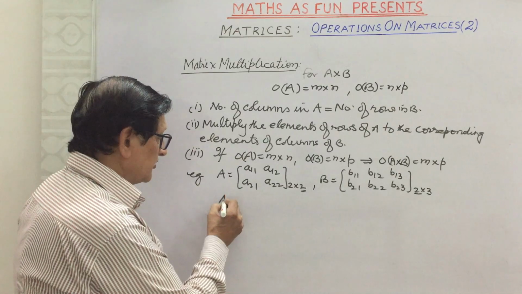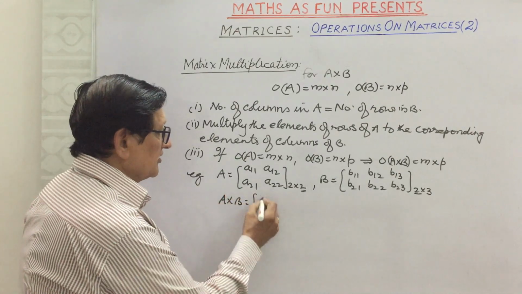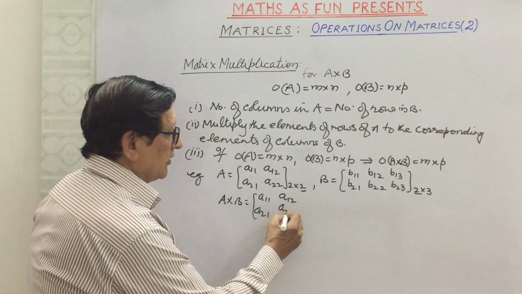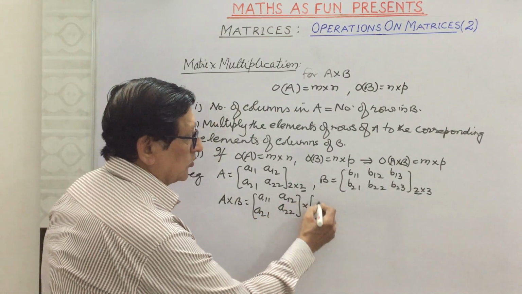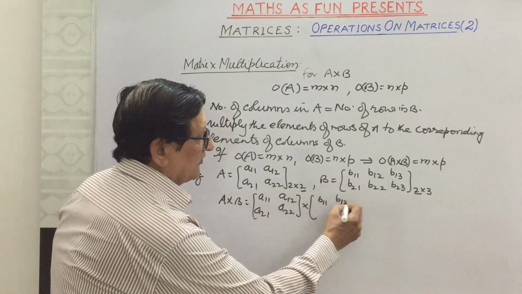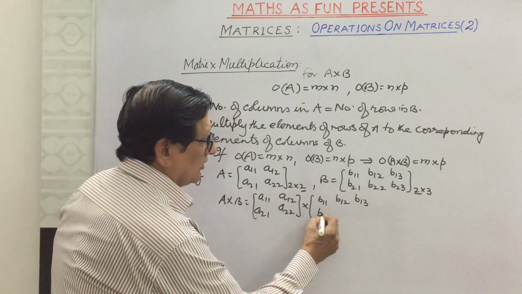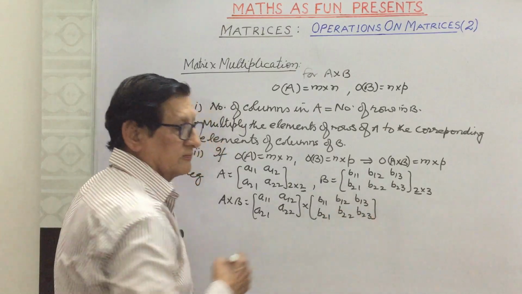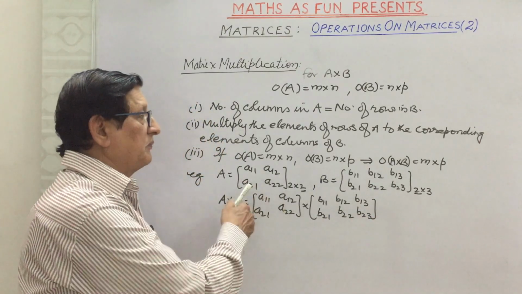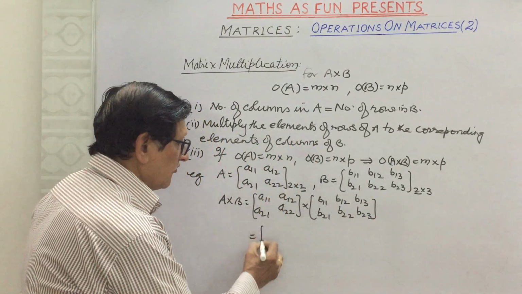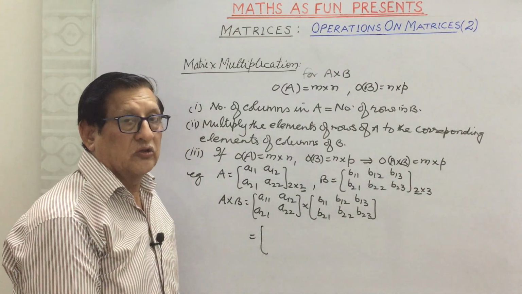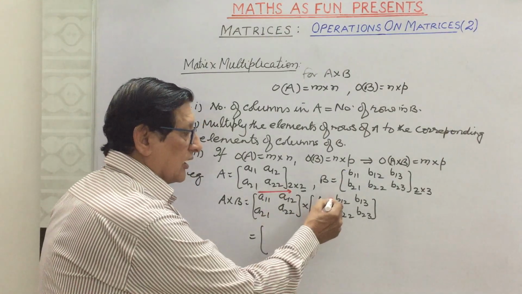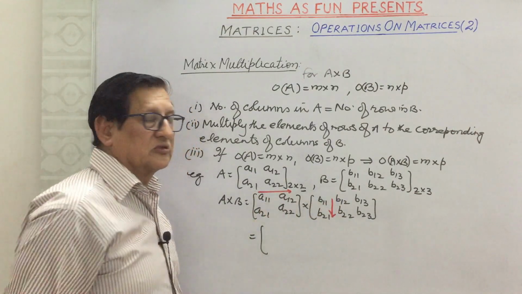When we go for A into B, this is A11, A12, A21, A22 into B11, B12, B13, B21, B22, B23. Performing the multiplication according to this rule, we are going to multiply the first row of this to the elements of first column of this.